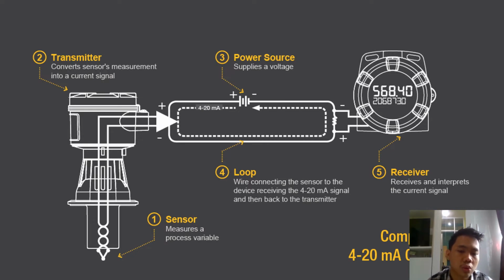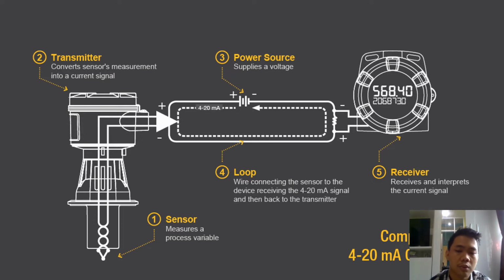And then we're going to the components of the 4 to 20 mA current loop. The first one, we have a sensor to measure a process variable such as temperature, density, pressure, etc. And then we have a transmitter, which converts the sensor measurement into a current signal of 4 to 20 mA, and then a power source to supply a voltage because the system needs a voltage to do its work.